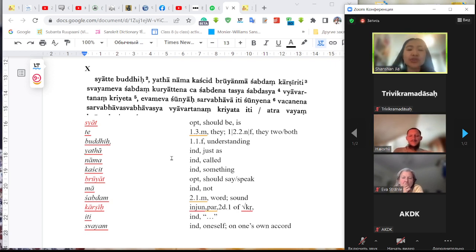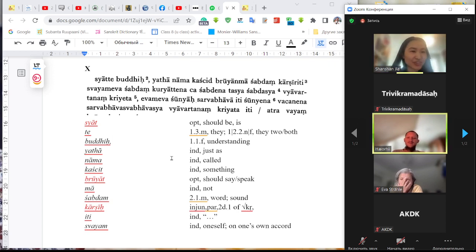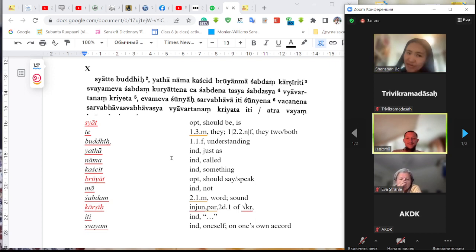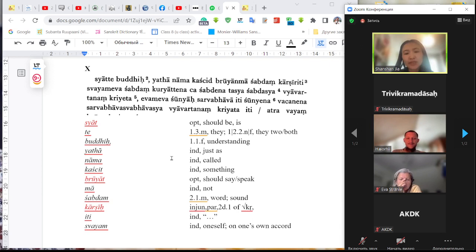We usually need a masculine to refer to a person. So in that case, it is ma shabdavan, yes. It is not ma shabdavat. So that is the problem, if we take it in the sense of don't be a person.